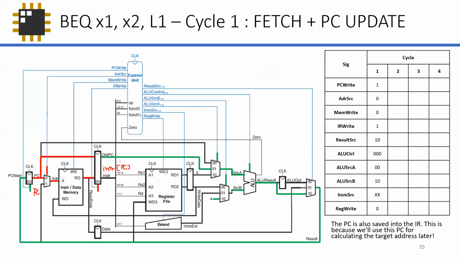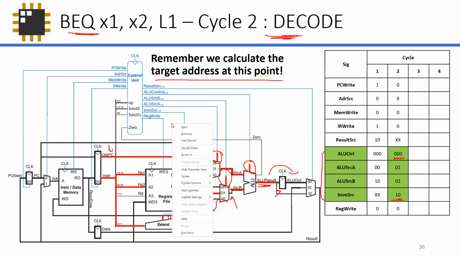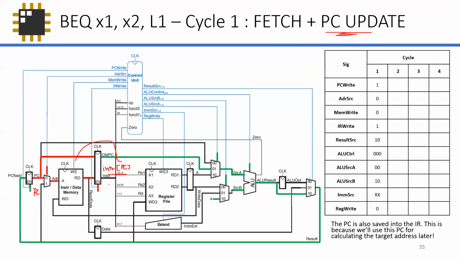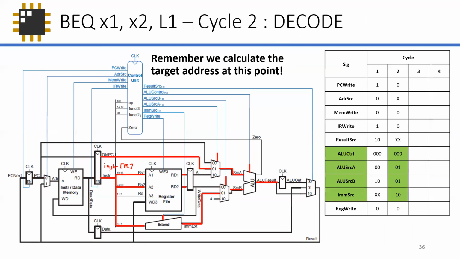Or rather, the one that will be loaded in the next cycle will be instruction PC, right? But since we're doing a PC update at the same time, when you go to cycle 2, your instruction here is still instruction PC, because in cycle 1 is the only time you update this, right? So in cycle 2, instruction PC is PC.